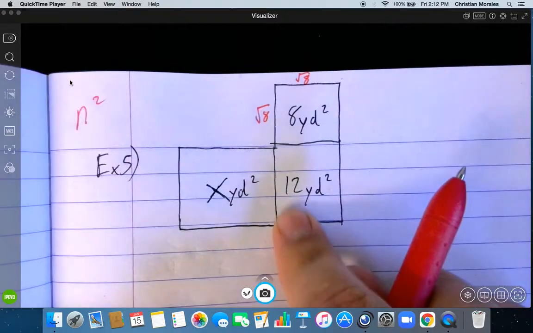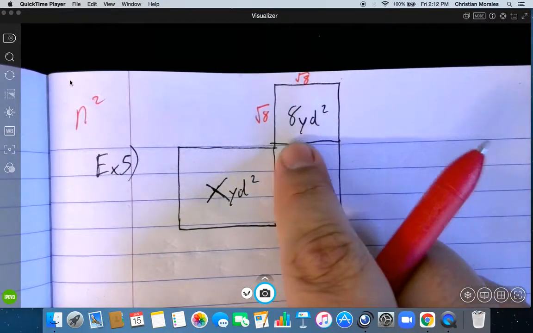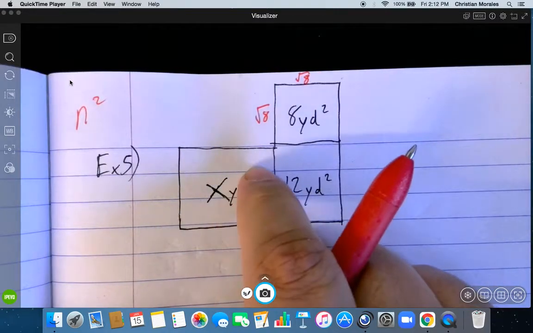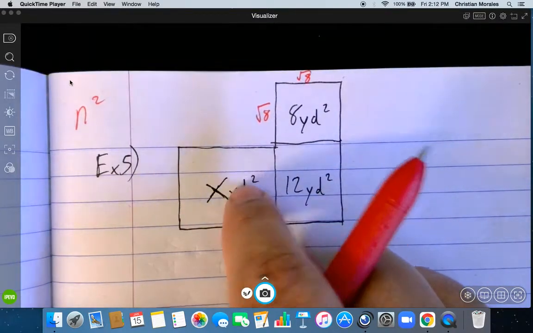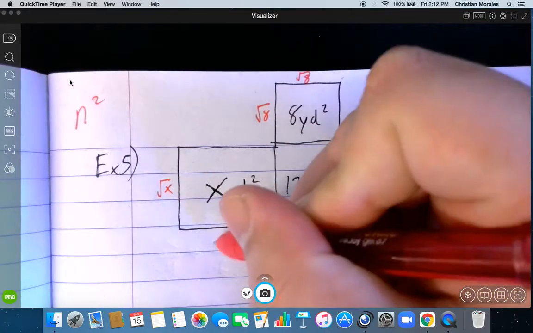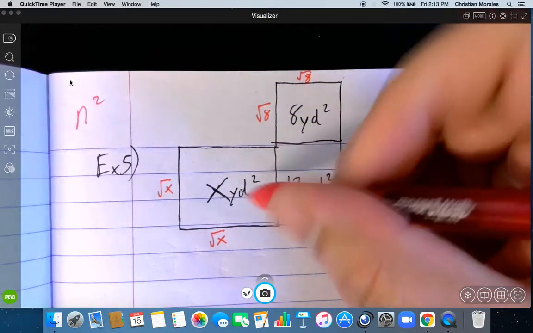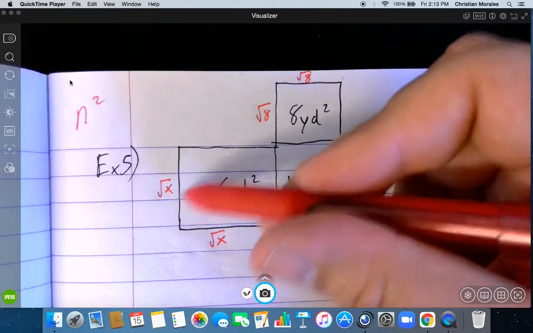Because this one is not a square, this is actually a rectangle, you can't do that with a rectangle. But this is supposed to be a square, so you can take the square root of x. So this would be the square root of x, and this would be the square root of x. If this is the area, the sides would be square root of x, square root of x.